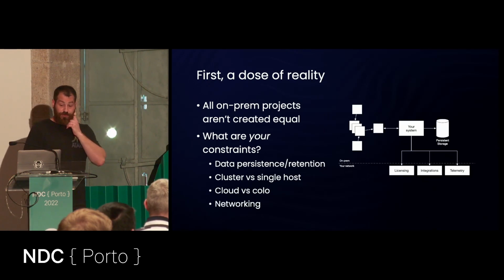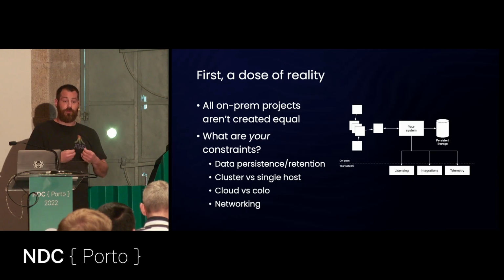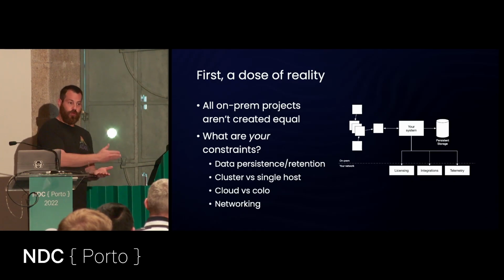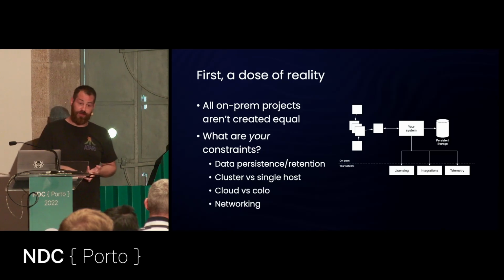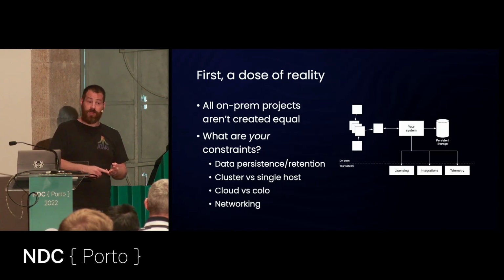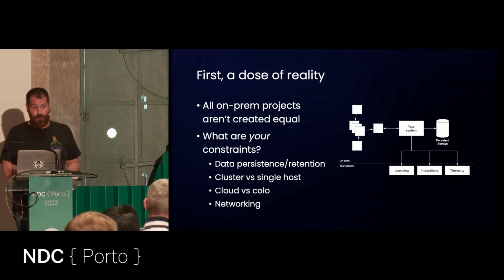And finally, there's the question of networking, which is to say your software is installed on a server somewhere. Can it actually talk to the external world, right? Can it access servers? Can it download stuff off of the internet? Can it send telemetry? There's all sorts of stuff you might need or want network connectivity for, but you don't always get to have it.